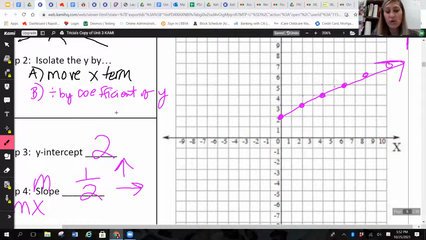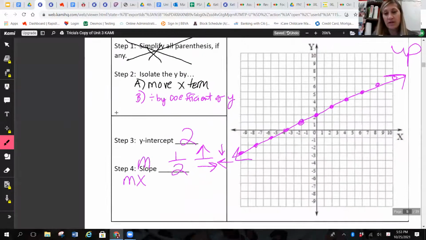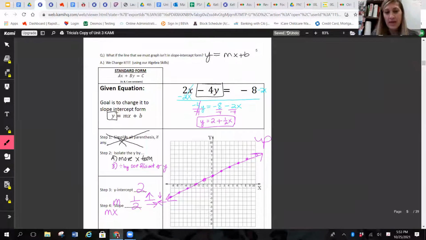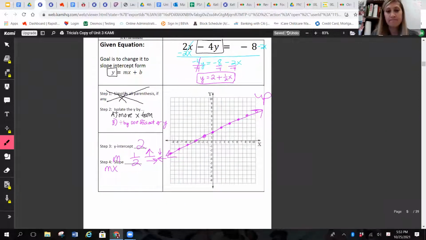Now, instead of going up and to the right, I'm going to go down and to the left, down 1 and to the left 2, repeating. When I connect, I have a solid complete line. We started with standard form, ax plus by equals c. I boxed the y, I moved the x term and divided by the coefficient of y.